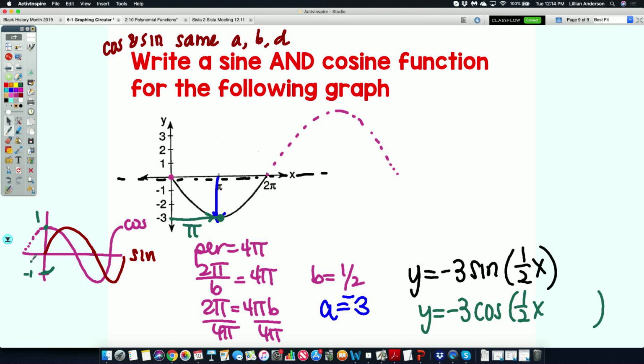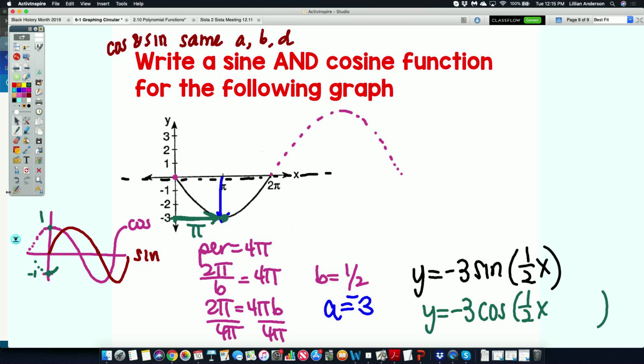But the graph that we're given does not start at negative 1. Or that low point is not at negative 1. It's technically at negative 3 because it was stretched. But it was also shifted over to start at pi. That shift is your phase shift.